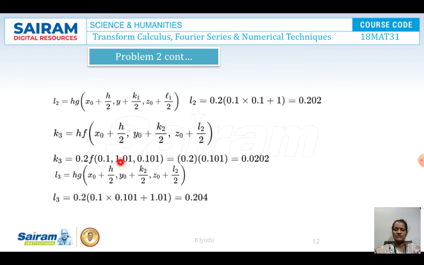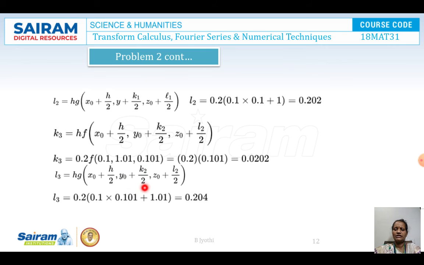Now, if you substitute, we get respectively the points as 0.1, 1.01 and 0.101. Now, we get K3 value as 0.0202.